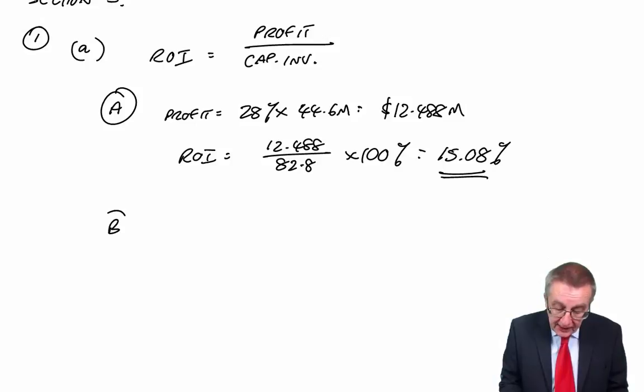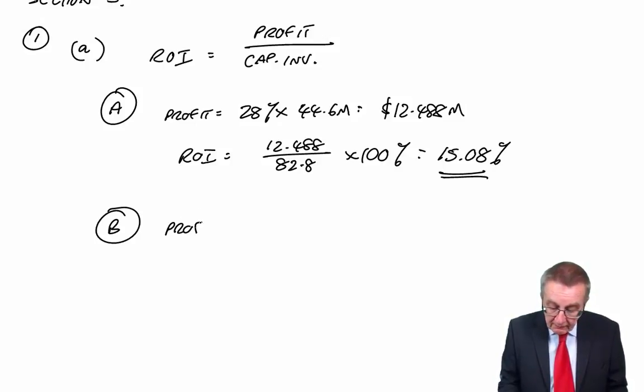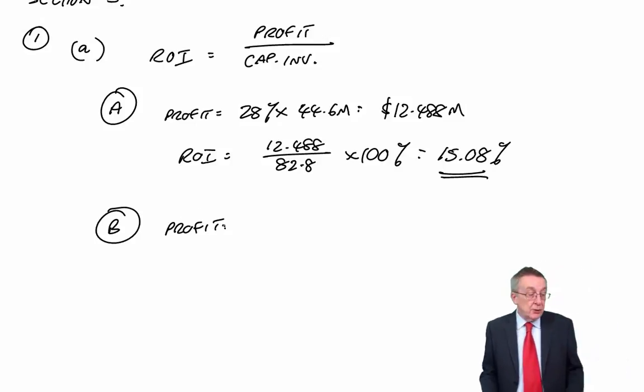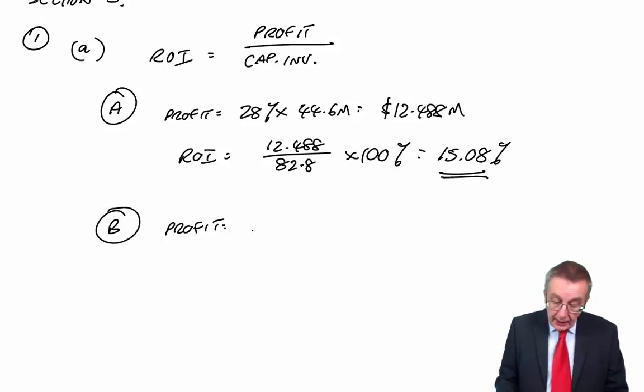For Division B, of course, if you can do one, you can do both. Because for Division B, the profit margin is 33% on sales of 21.8 million.